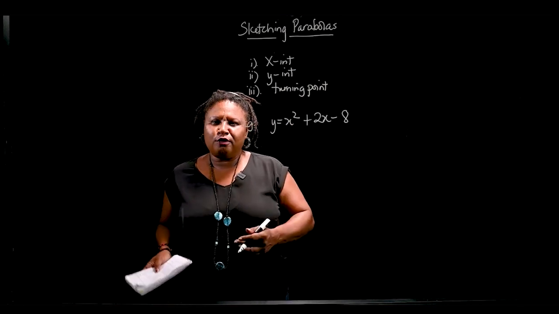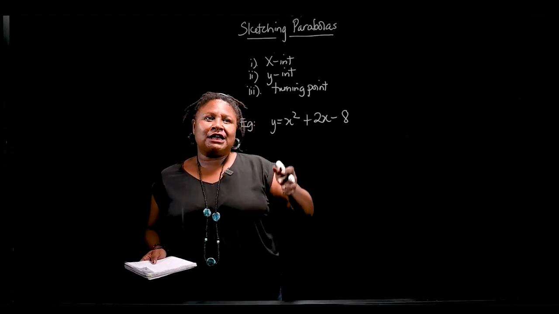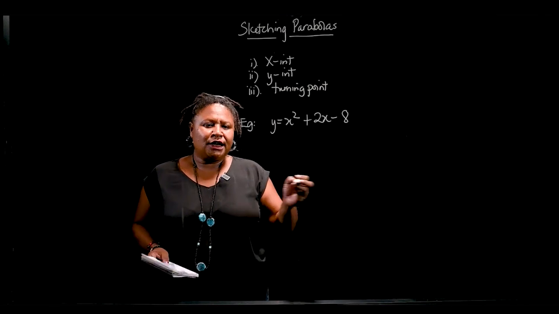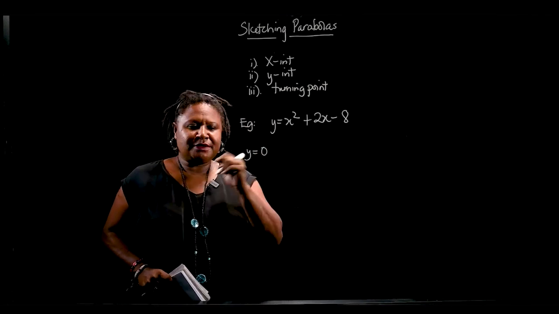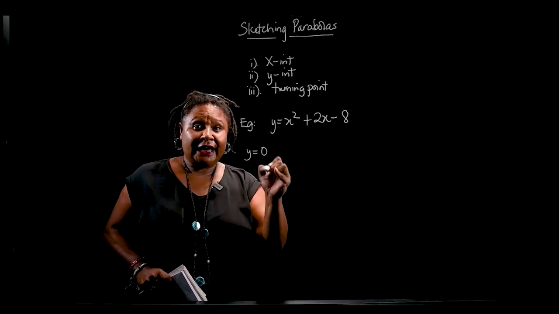We already know from our previous lessons that wherever the graph cuts the x-axis, y will be 0. So if y is 0, we need to substitute that into the equation so that we find x.